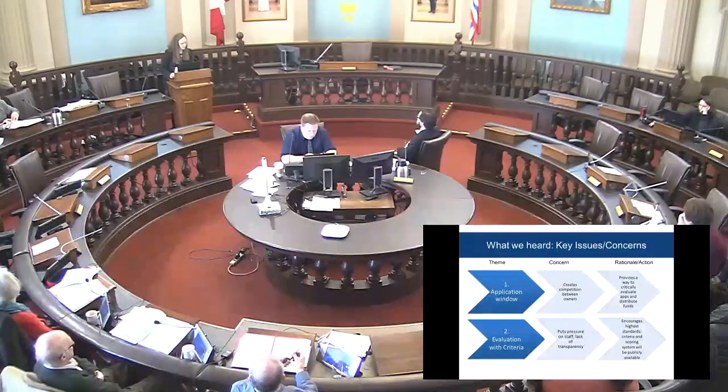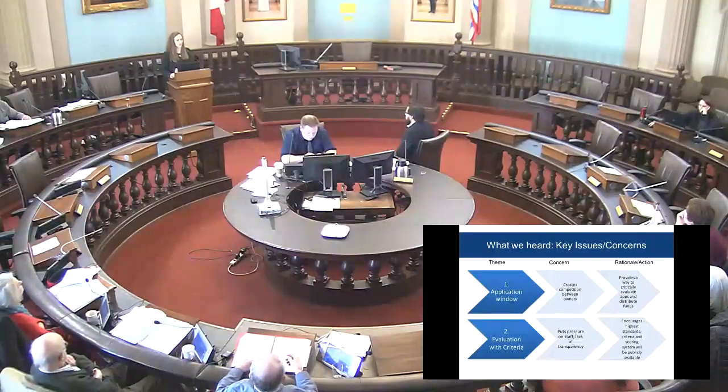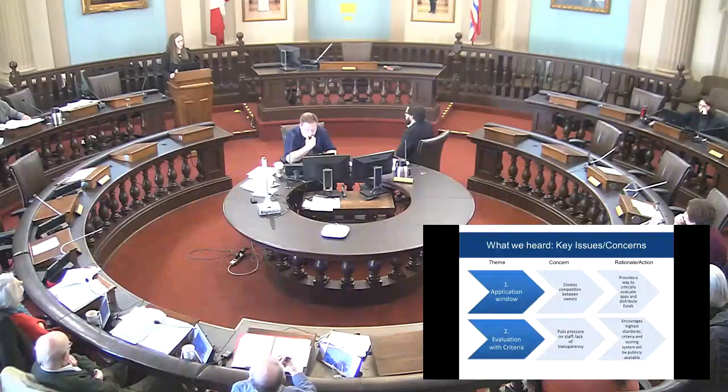So the first theme, creating the application window and the evaluation criteria, I want to go through those together. Members of the public expressed some concern with moving away from the first-come, first-served approach, as this could create a competition between owners, between properties, and also that the current approach places less strain on staff in terms of transparency and how those applications are assessed.